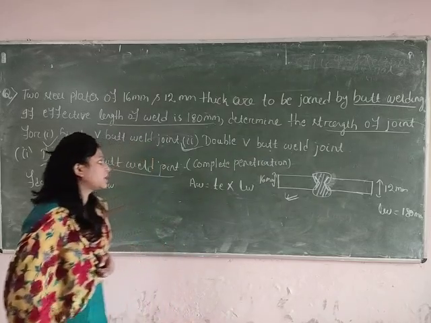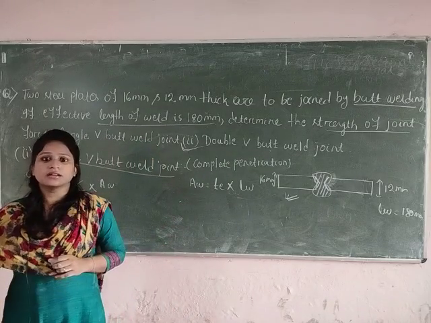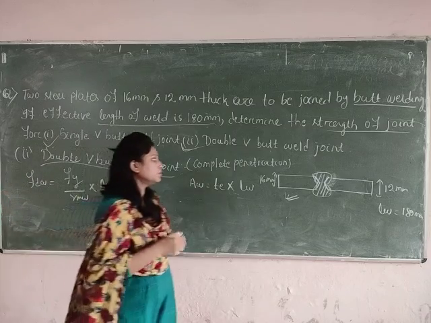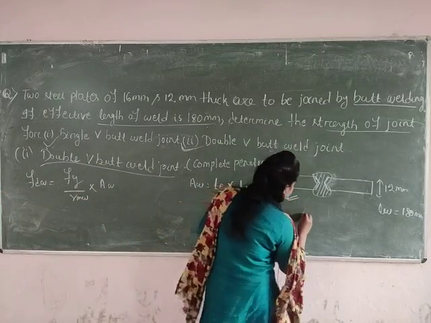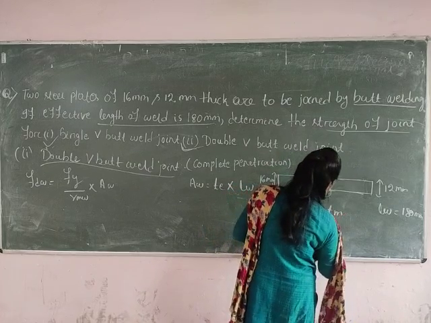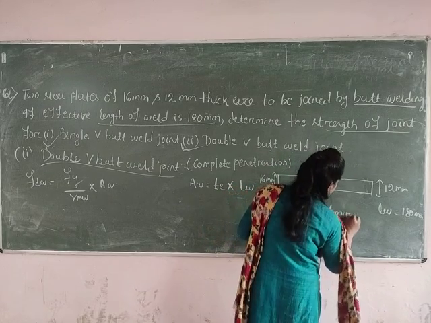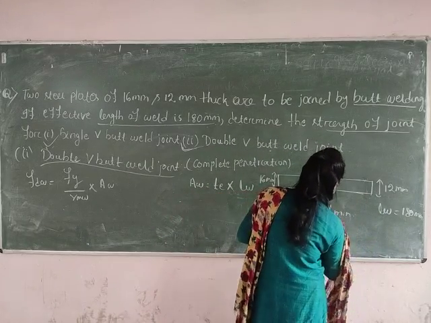For complete penetration, the value of effective throat thickness is equal to the thickness of the thinner member. So for this case the effective throat thickness will be the thickness of the thinner member. Here the minimum thickness is 12 mm.